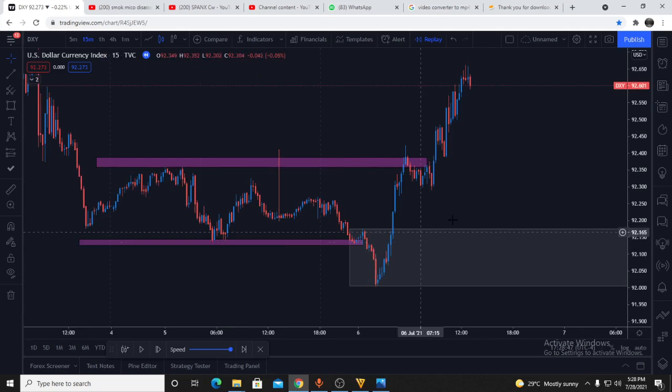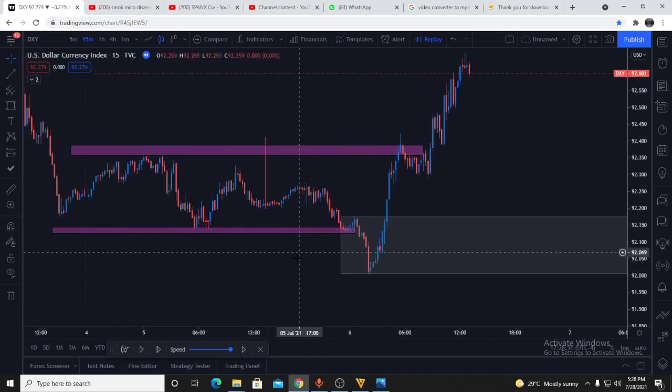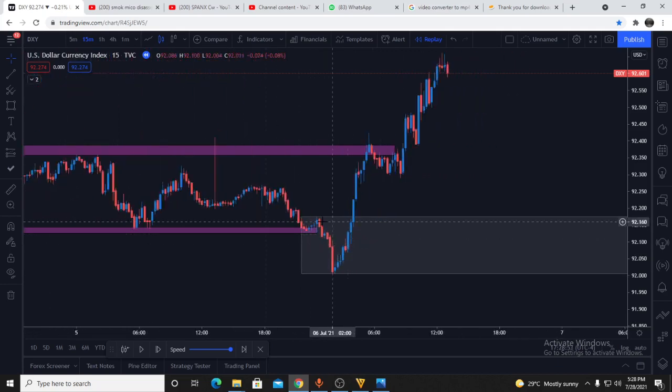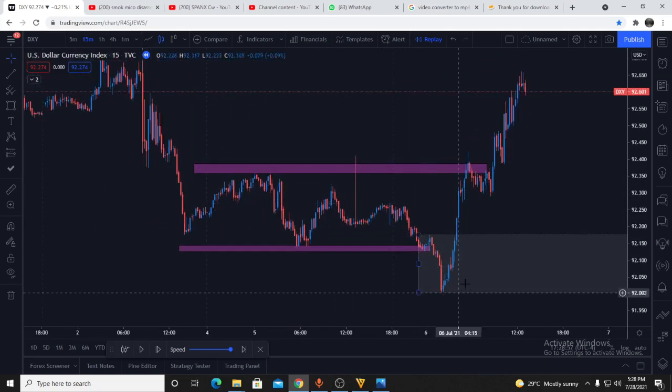Price ran to it. What did smart money do? They bought from all the willing sellers down here because they were stopped out, and then price is immediately running, right? At this point, smart money just presses the button. The algorithm really takes price into these areas.